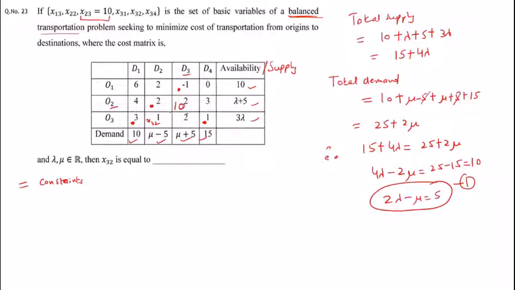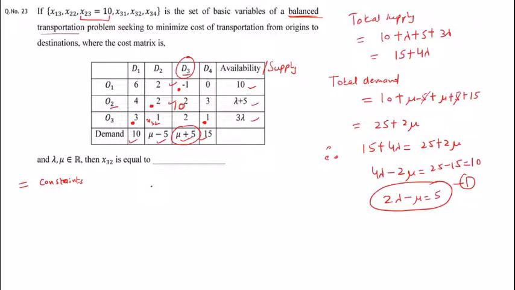So we are just going to use simple mathematics here. It's clear from here, if you look at the demand of destination 3, D3, the number of units shipped from O1 to D3, plus these 10 units, will have to satisfy mu plus 5.